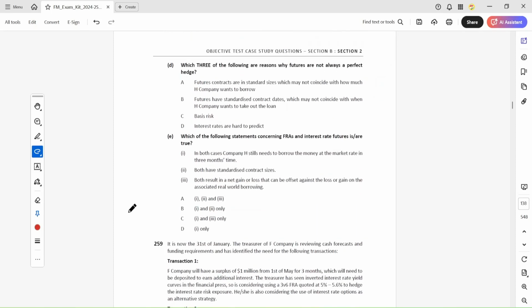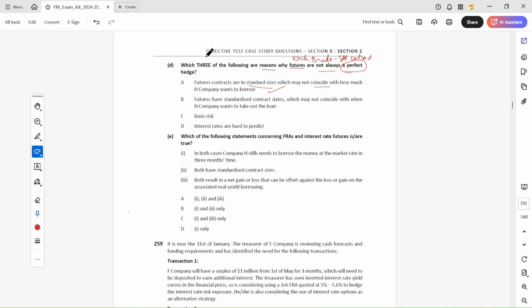Which three of the following are reasons why futures are not always a perfect hedge? Futures are exchange traded, which means standard contracts, so they have standard size that may not coincide with the need. This is correct.